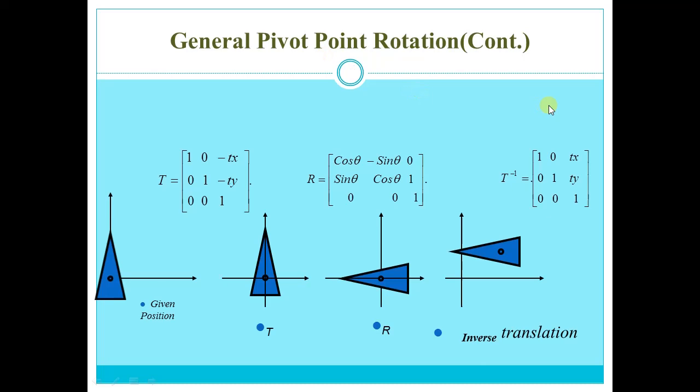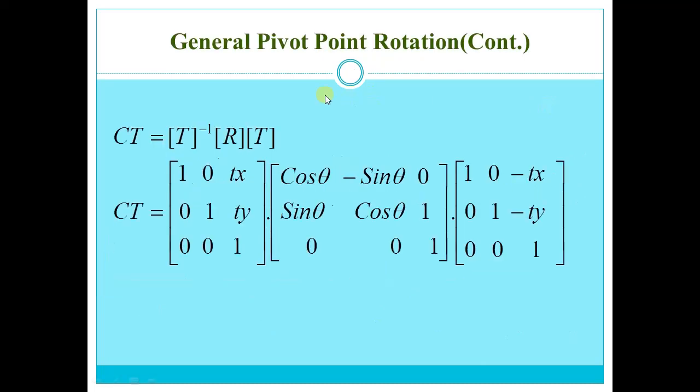If you want to write the concatenated transformation CT, first of all we make the translation, then the rotation, and the inverse translation. Here the sequence of operations is very important. If you want to write the CT for the general P1 point rotation, whatever operation you do first, you have to write at the right side.